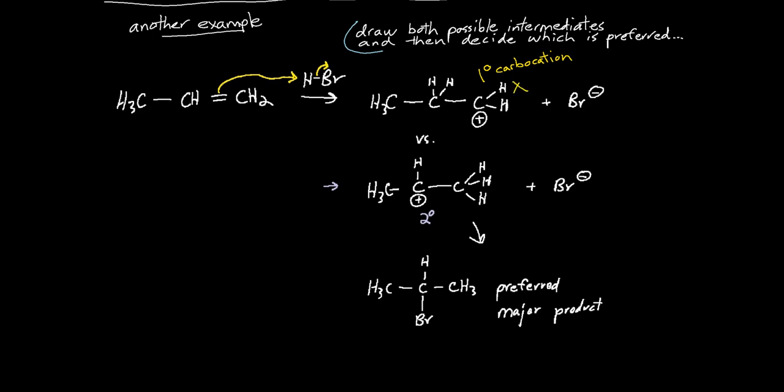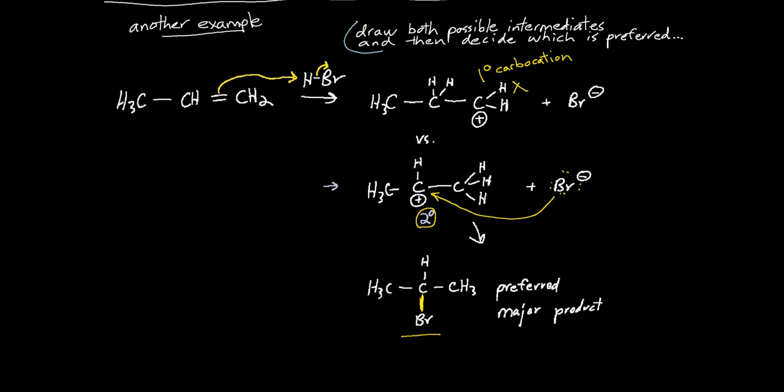So then you draw your other possible intermediate, a secondary carbocation. That is possible. Then the bromine comes and forms a bond there. That's that bond that just formed. Remember, bromine minus, 4 lone pairs around it, right? If you need to draw those in every time at first till you get used to it, go ahead and do that. And this is our preferred major product.